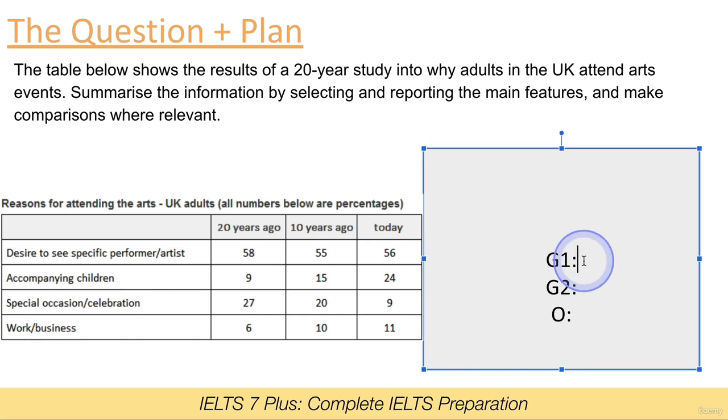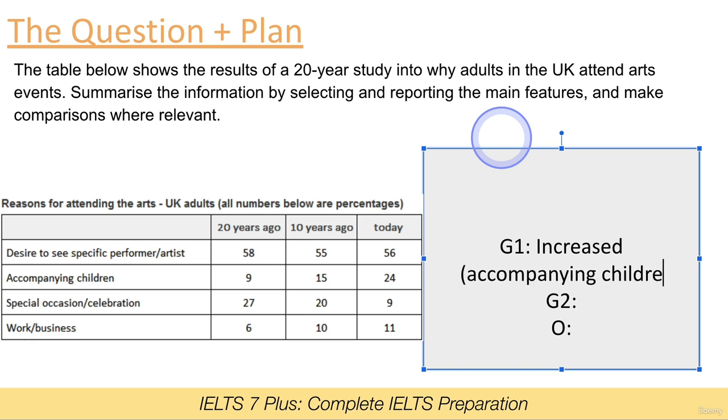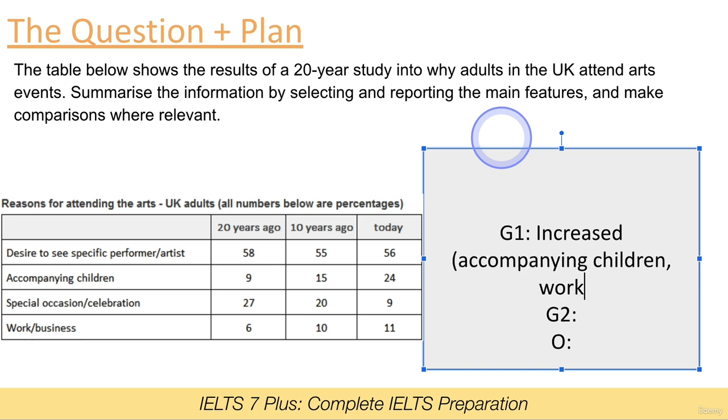How about we split the information into increased, which is we have accompanying children, and increased also we have work business.